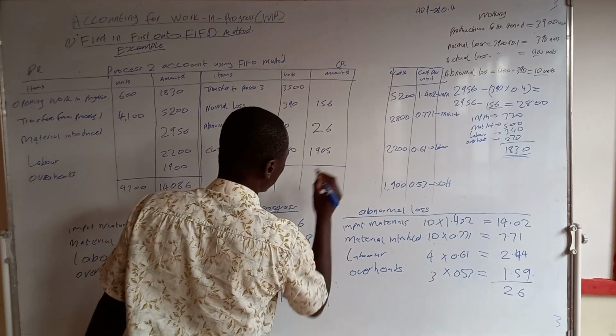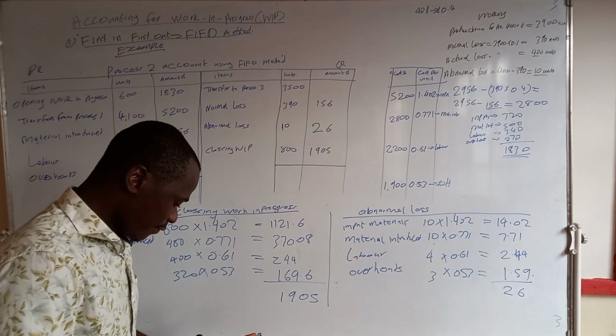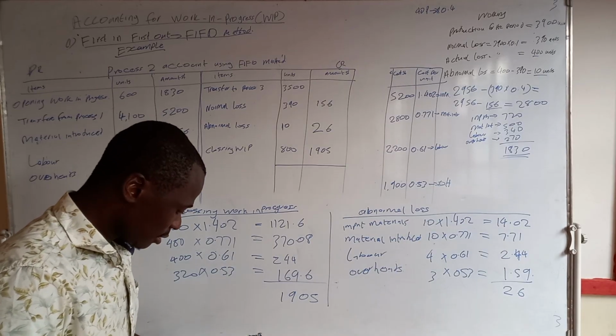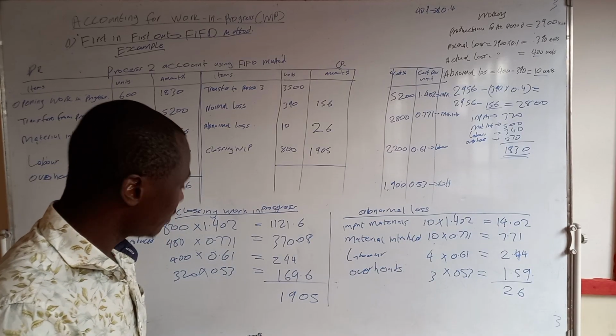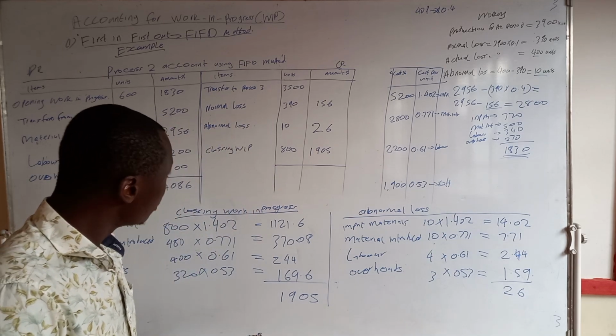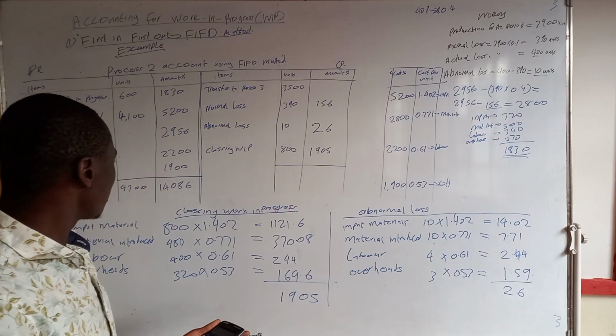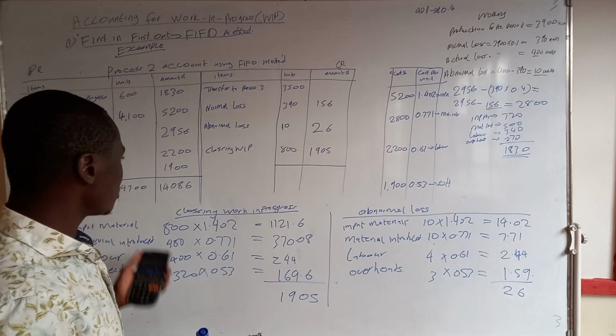Now remember we are balancing. Let us balance. This one is 35 plus 90 plus 10 plus 800, that's 4,700 plus balance.